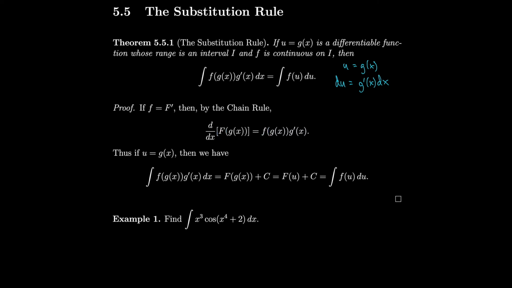So if u equals g of x, then the integral of this is F of g of x plus c, because this integral is just an antiderivative by definition, and little f is the derivative of big F. So that's just F of u plus c, which is the integral of f of u du.